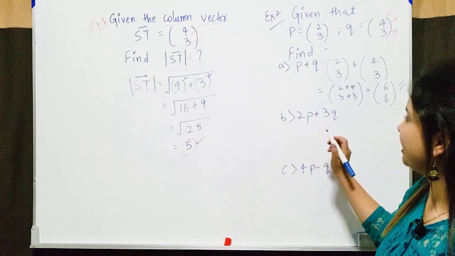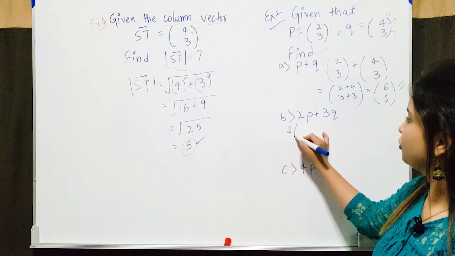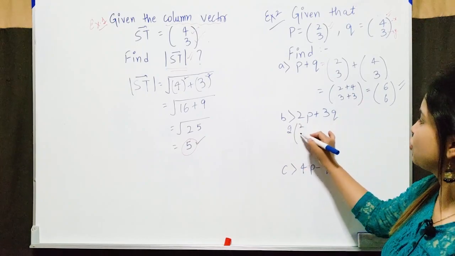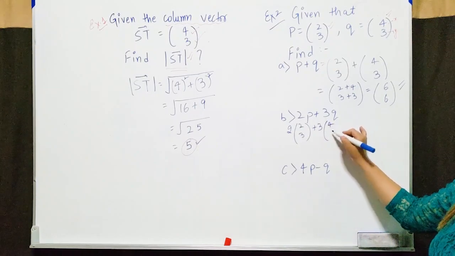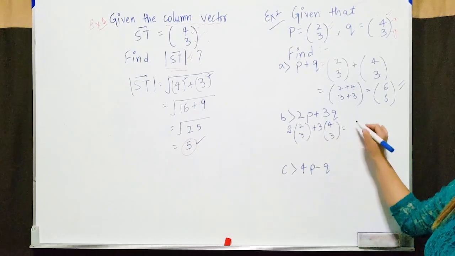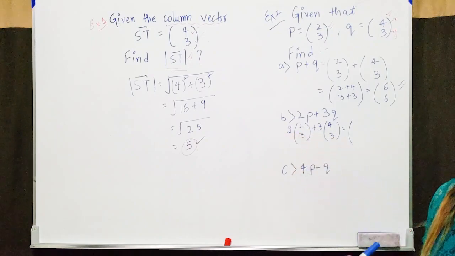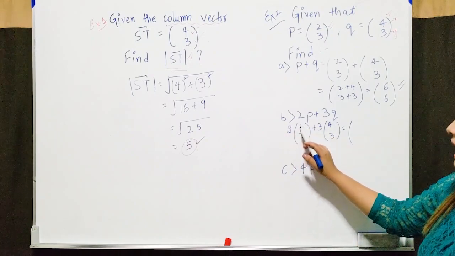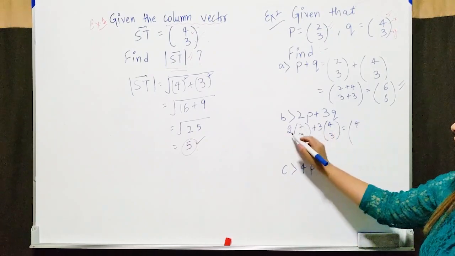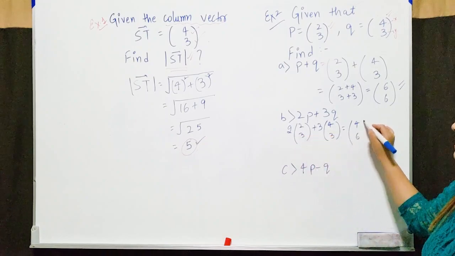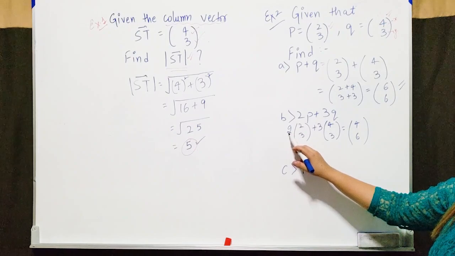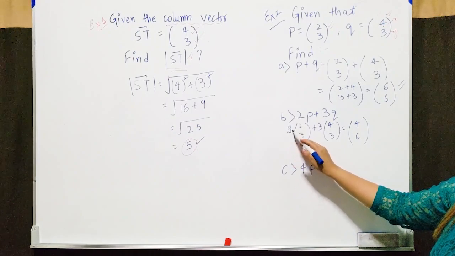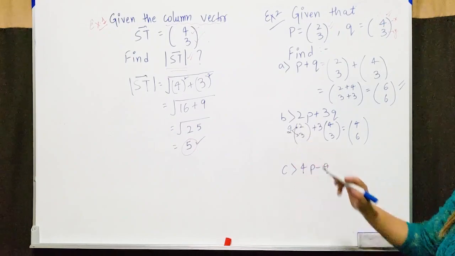Now what is 2p plus 3q? 2 times p is (2, 3) plus 3 times q is (4, 3). This is equal to, now do normal multiplication. 2 times 2 is 4, 2 times 3 is 6. Okay, we will multiply the scalar quantity with both the coordinates, with x as well as y.